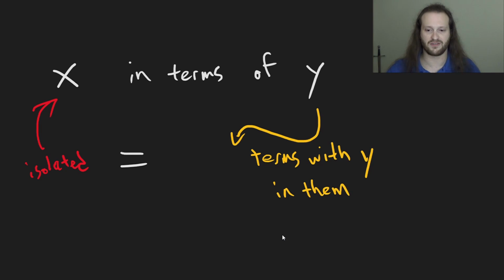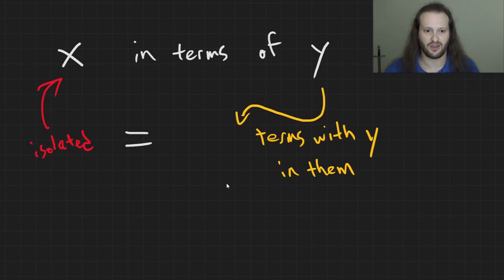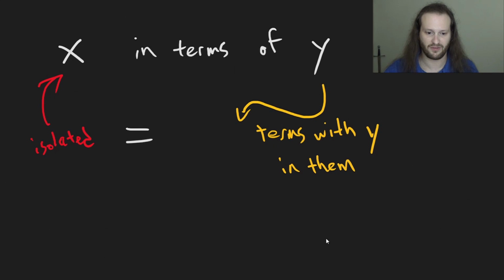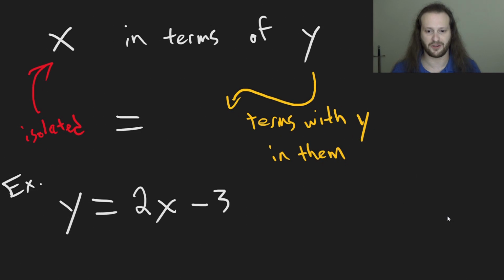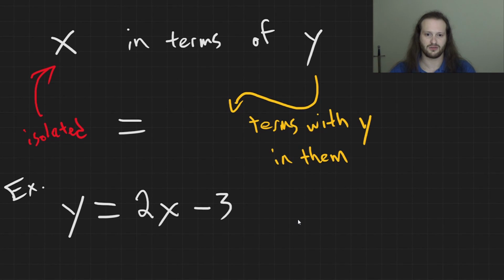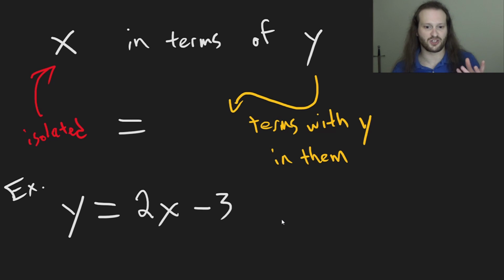If they're constant terms, obviously they won't have y in them, but let me give you an example. y = 2x - 3. And I want to solve this for x in terms of y. Solve for x, and in terms of y, there's going to be things on the other side. It's going to look garbled up, but there's going to be y's in there. There's no x's.